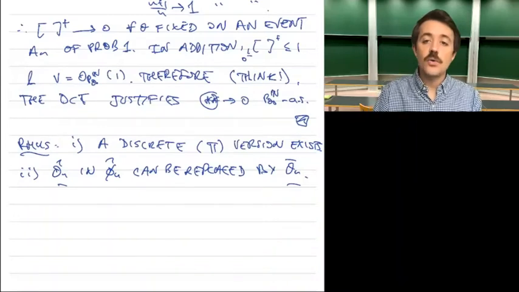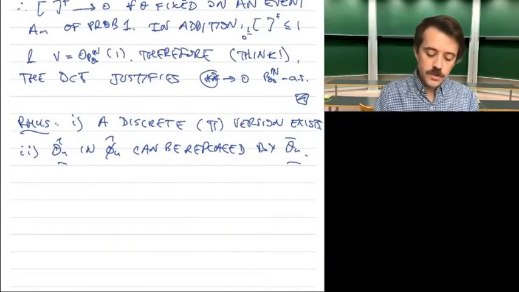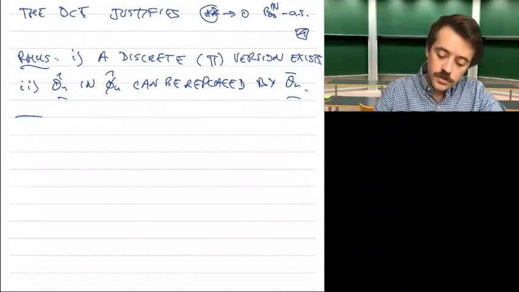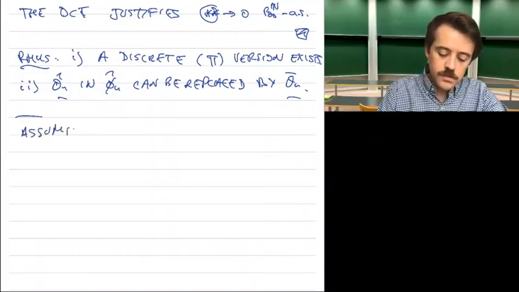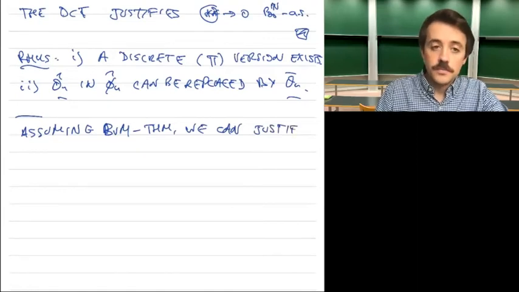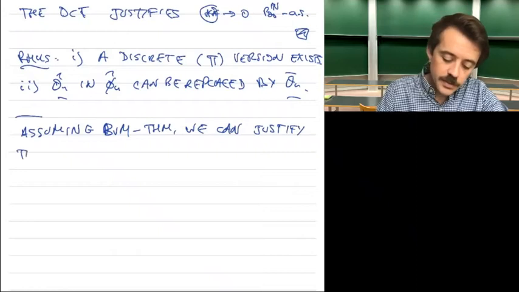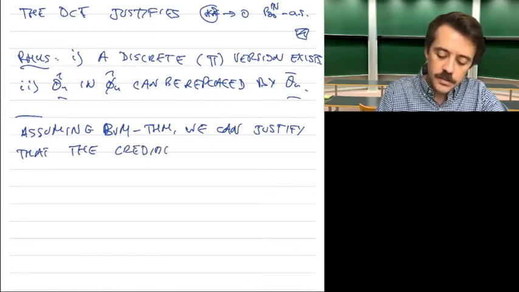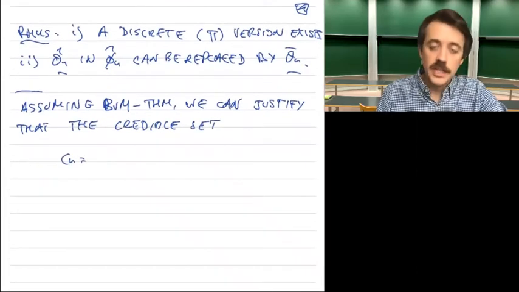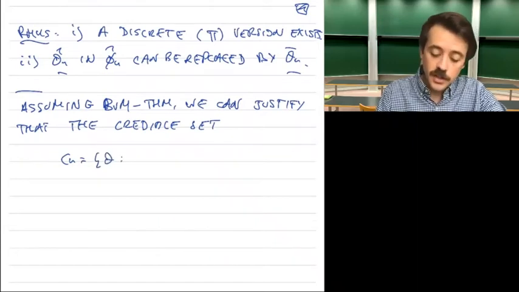So let's make a little break there and say that, assuming the Bernstein-von Mises theorem, we can justify that the credible set, which I think I spoke about in the last lecture, is this set of thetas that are away from the MLE.